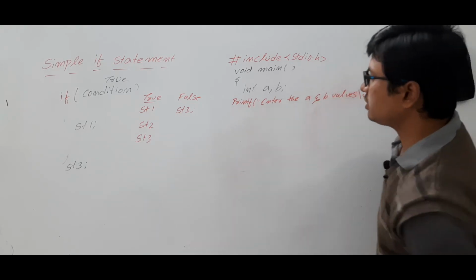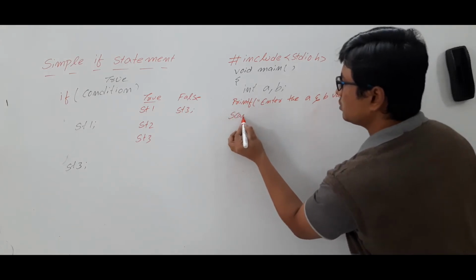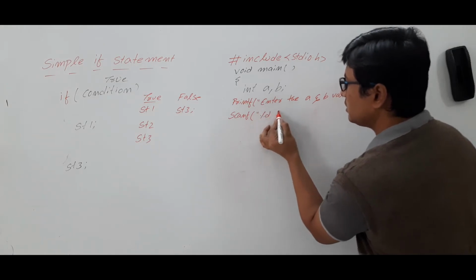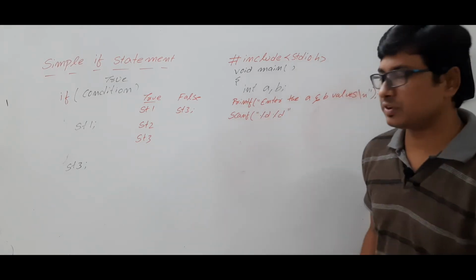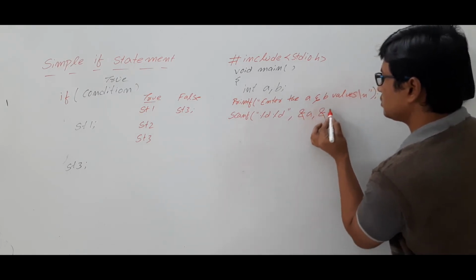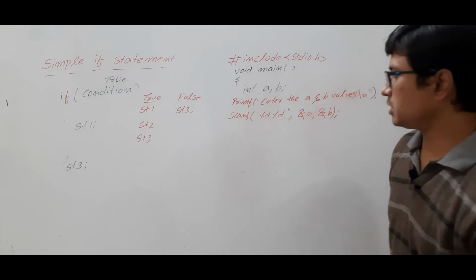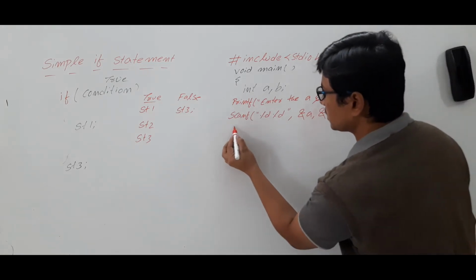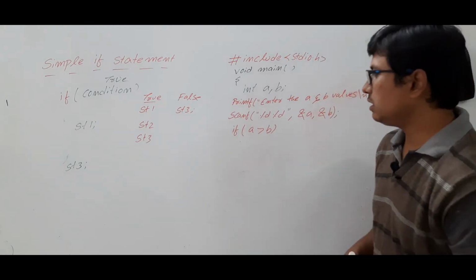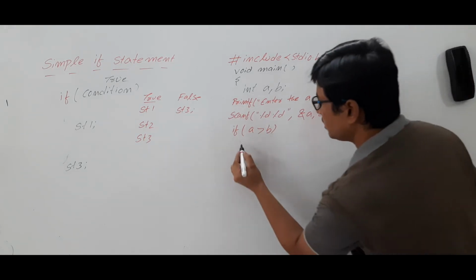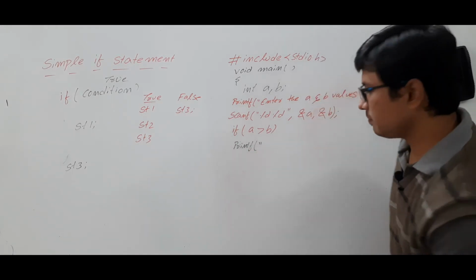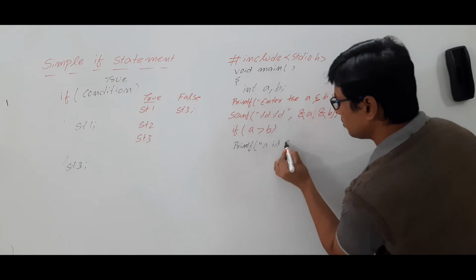After that I am reading the values from the user using a function called scanf. As they are integer variables, I am using the format specifier %d, and I am storing those values at the addresses of a and b respectively. Then I need to check if a is greater than b. Then what should I display as output? The output should be displayed as printf, a is greater than b.